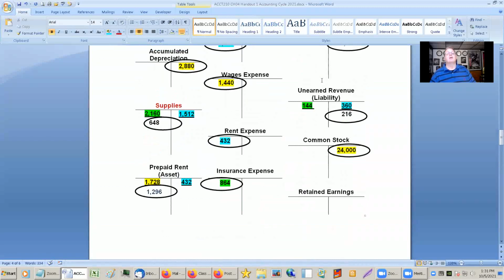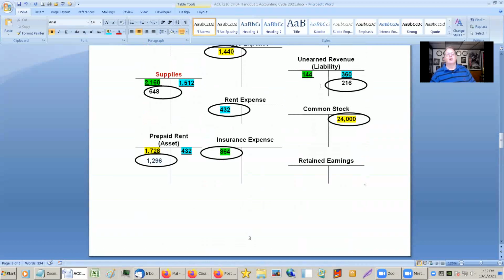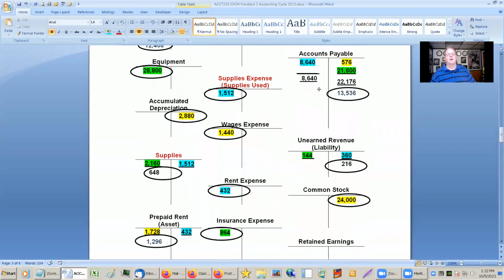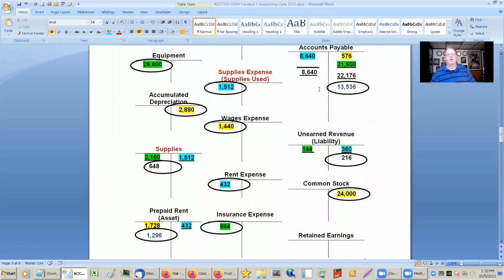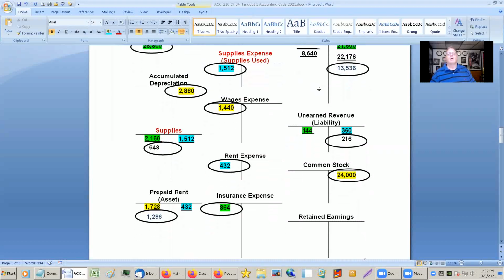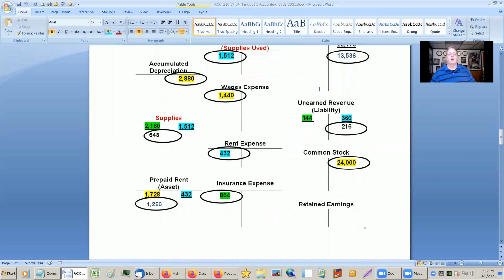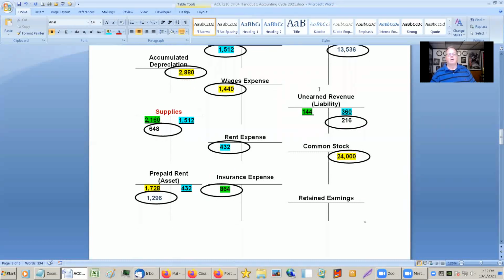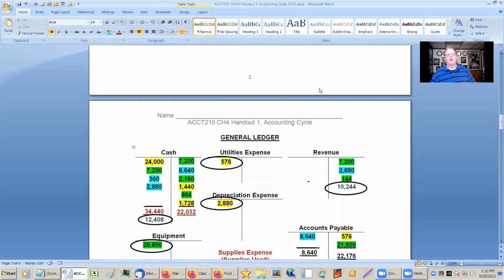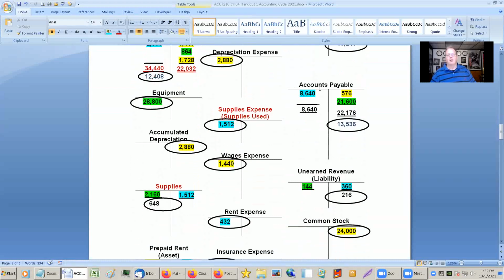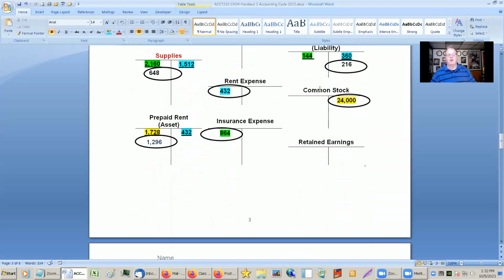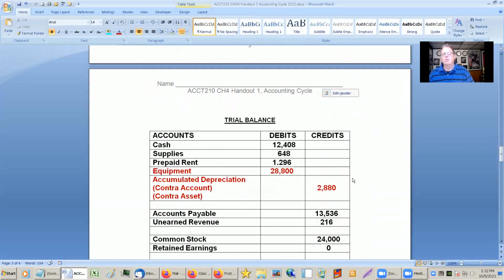Well, let me take a look at it. $20 is an unusual amount to be out by.